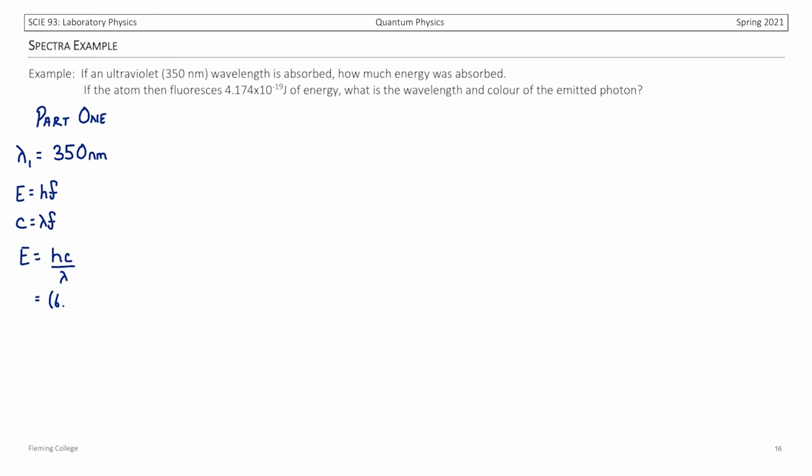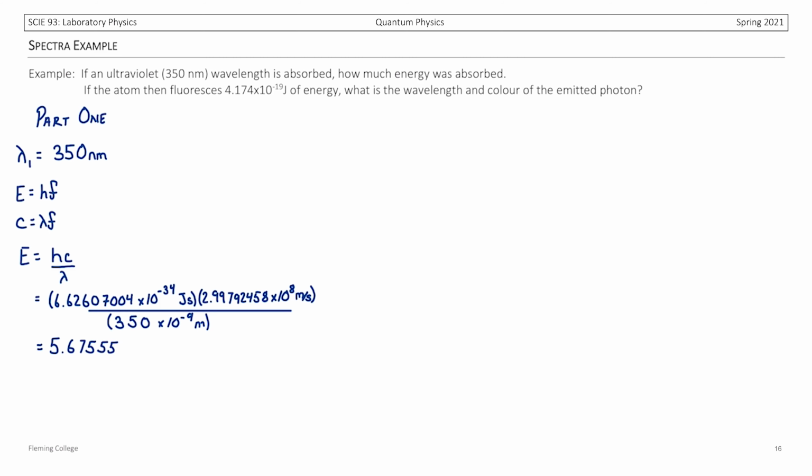So plugging in our values of 6.62607004 times 10 to the negative 34 joule seconds, and the speed of light at 2.99792458 times 10 to the 8 meters per second, and dividing that by 350, but instead of nano, we'll write times 10 to the negative 9 meters. And calculating, we get 5.67555498 times 10 to the negative 19.